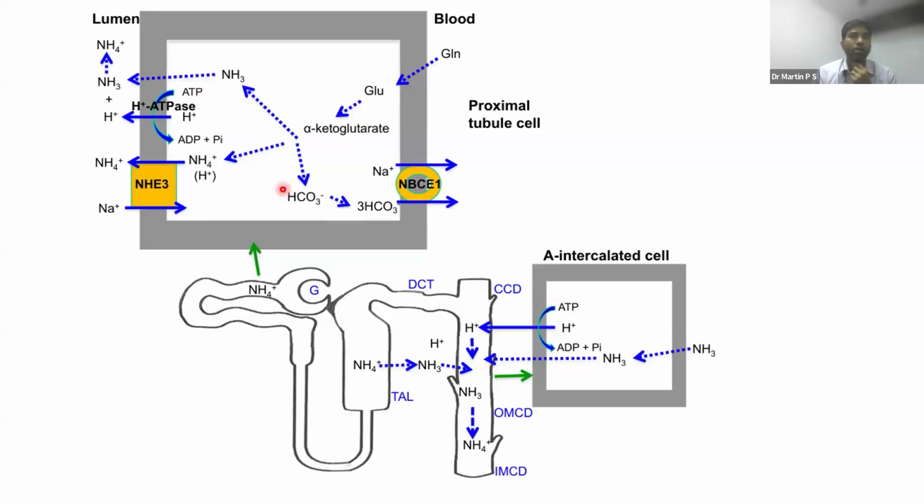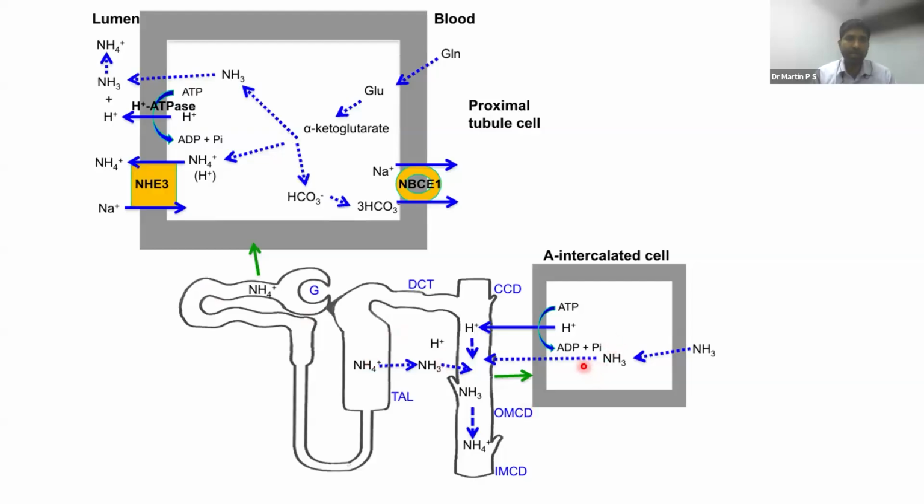This ammonia generation occurs in the proximal tubular cells. When this happens, due to the deamination of glutamine, ammonia is secreted into the proximal convoluted tubule, goes through the tubule, comes out of the thick ascending loop of Henle, and then enters the alpha intercalated cells.